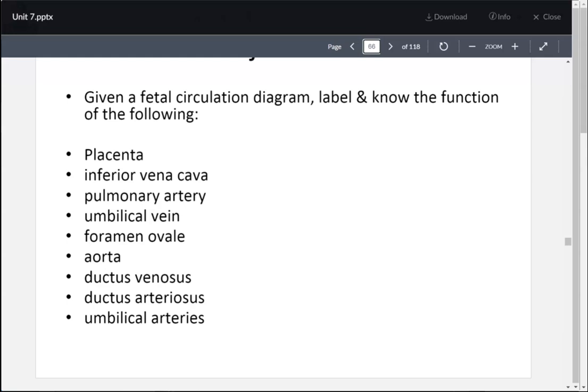We are still going to have an inferior vena cava. We're still going to have a pulmonary artery. However, we're going to have a lot of bypasses because there are a lot of systems that are not online in a fetus. We are going to bypass those unused, unnecessary tracks.